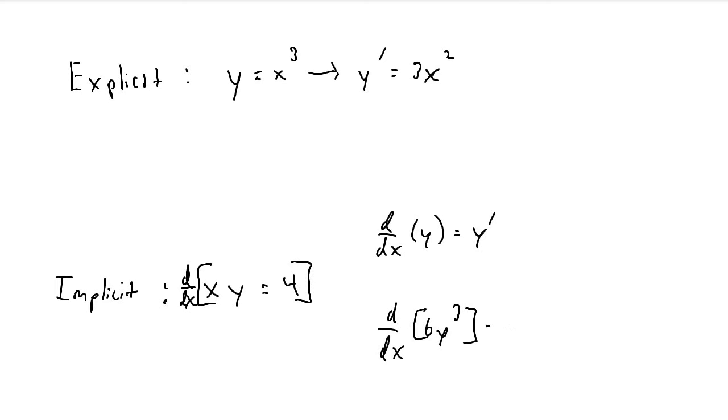First you would take the derivative of the outside function and then multiply by the derivative of the inside function, sort of like the chain rule. So we'd bring the 3 down and subtract 1 from the exponent. So the derivative of 6y cubed would be 18y squared, and then every time you derive y, you have to multiply by y prime. So we get 18y squared y prime. And y prime and dy dx are the exact same thing, so you can change those two depending on which one you like to use.